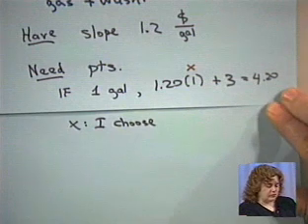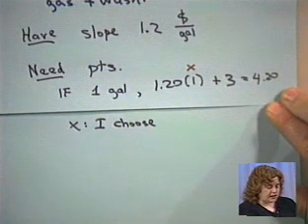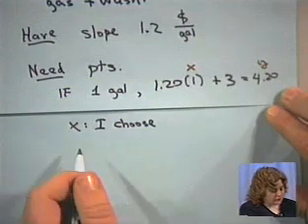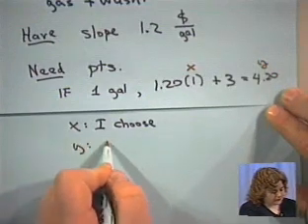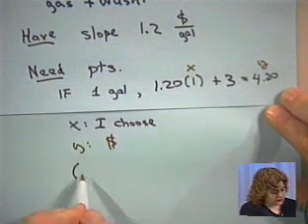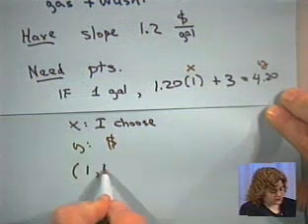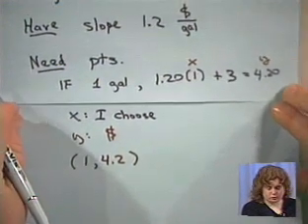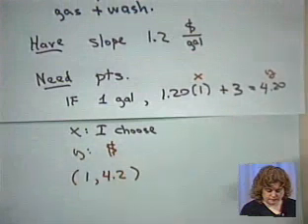What am I getting out? Well, I'm finding how much I have to pay, and that's going to be my y. So I have a point. I'm going to put y as the money that I pay. My point is (1, 4.2).